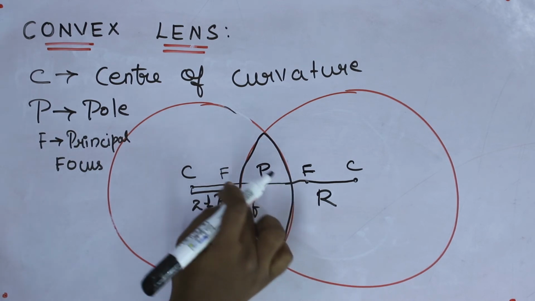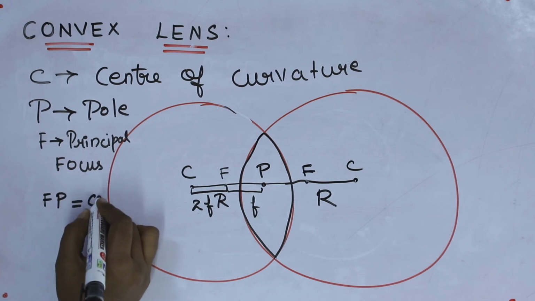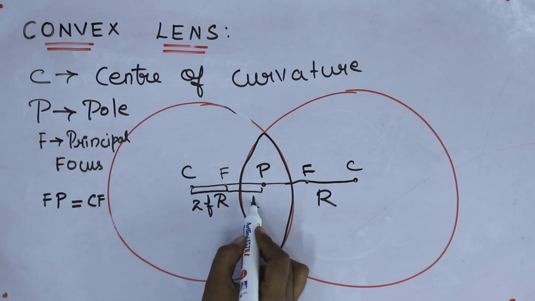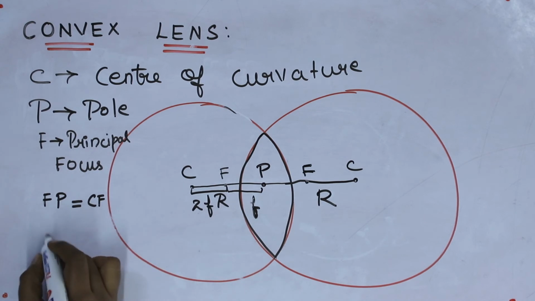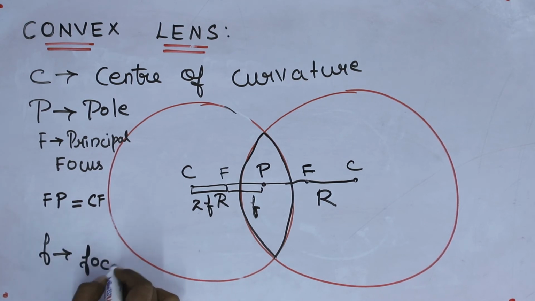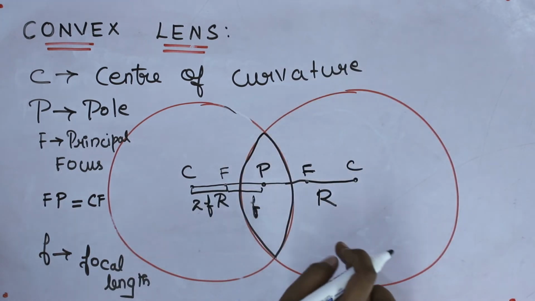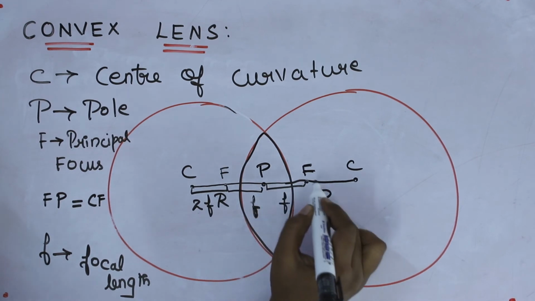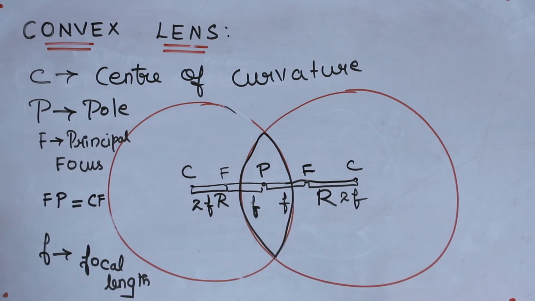The distance between F and P is equal to the distance between C and F, so both are the same distance. I am naming this as small f, and the distance between C and F as 2f. So f is nothing but the focal length. The same will be applicable for this spherical surface. The distance between P and F is the focal length. The distance between F and C is 2f.